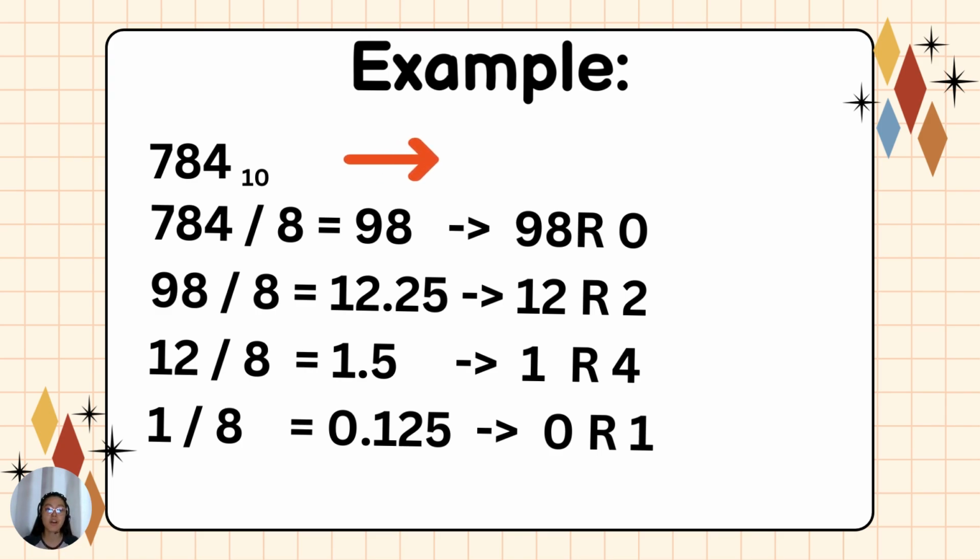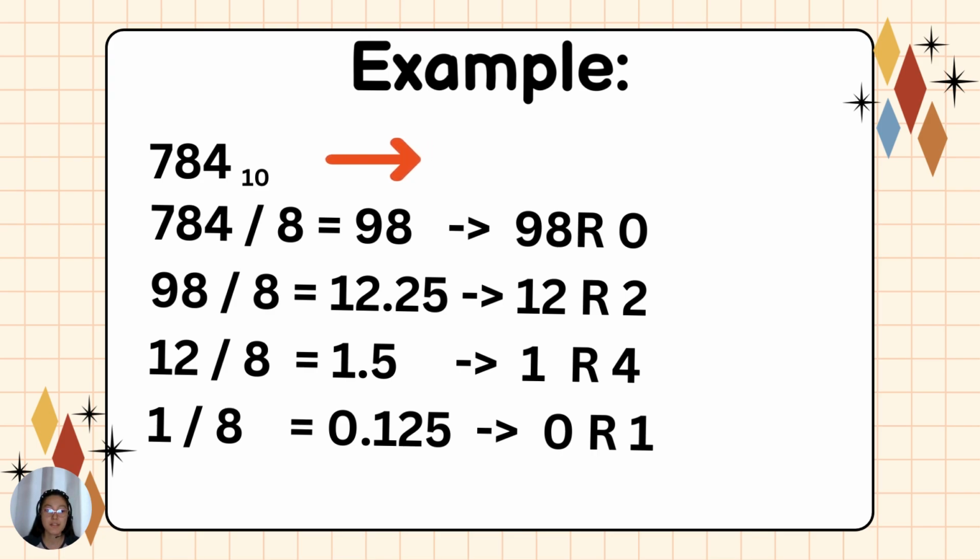The capital letter there, which is R, means remainder. And then we will just put there 0. Then we will copy the 98 whole number again there and divide it by 8, which equals 12.25.